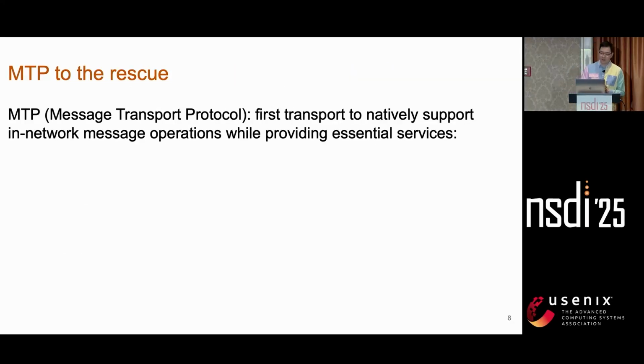Therefore, we believe that there's a need for a novel transport design to natively support these message operations, and we propose the Message Transport Protocol, or MTP. MTP is the first transport to natively support the in-network message operations, hence the name, while providing two essential network transport layer services.